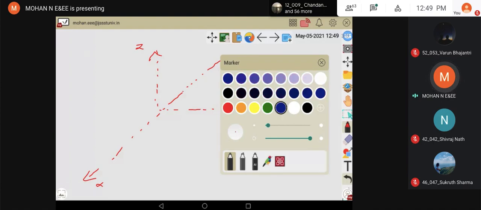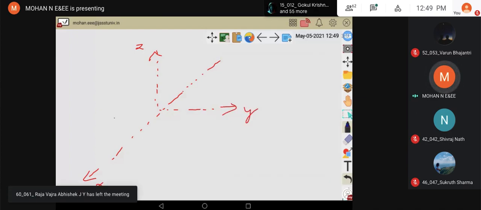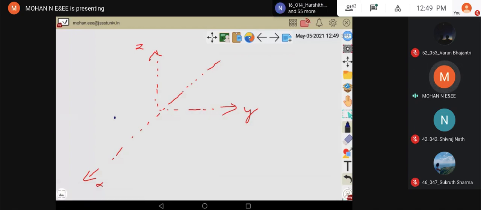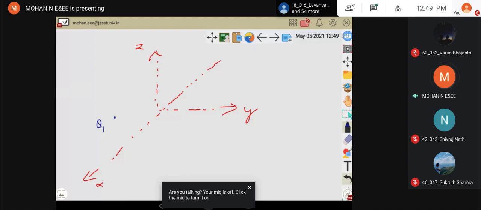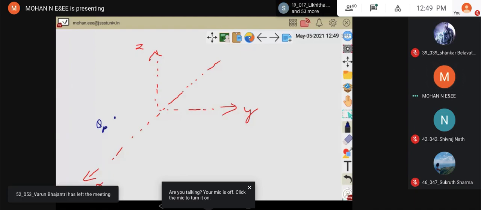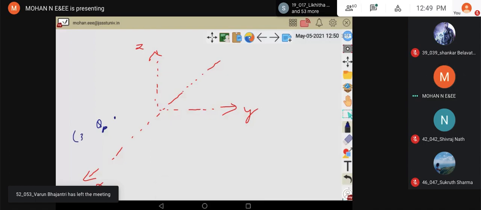The point charge is at (3, -1, 2). So let the point be here. So this is a point charge. Let me take it as QP, point charge. The coordinates are (3, -1, 2).